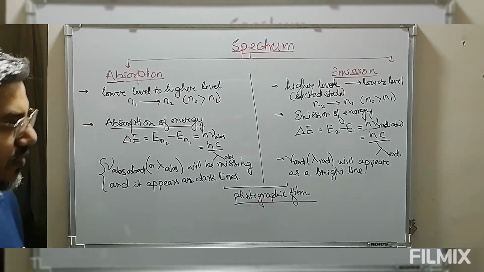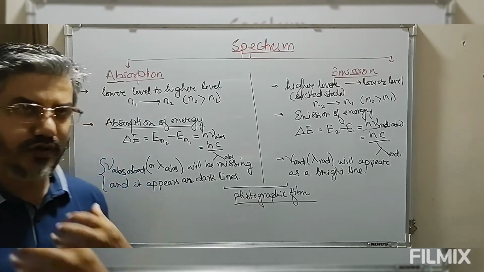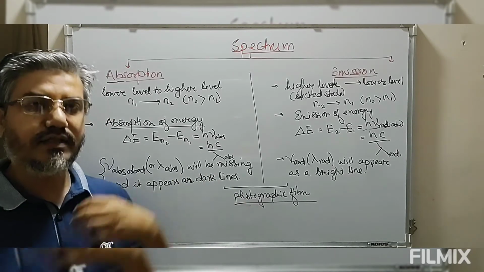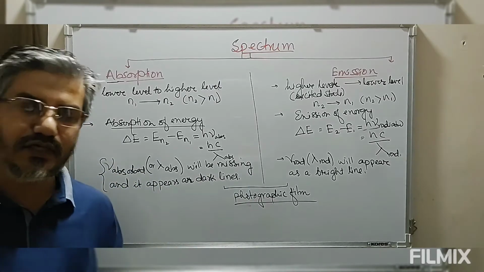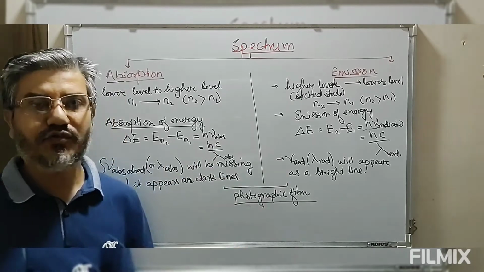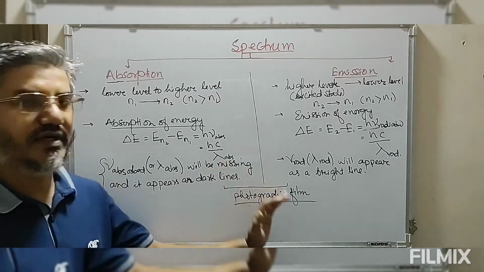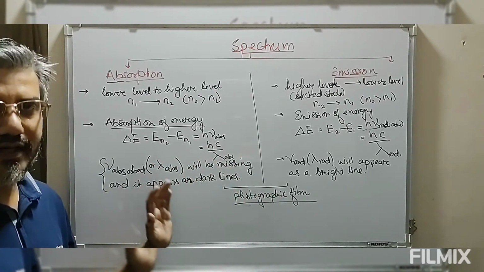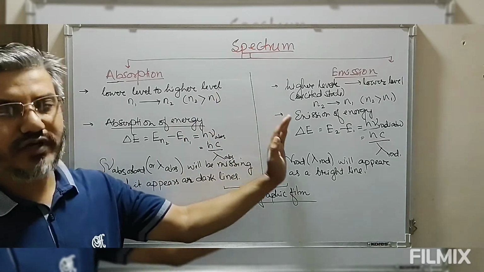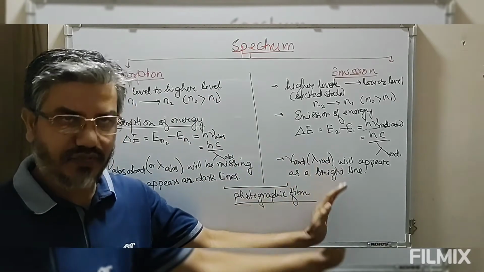Like, now look at it, in olden days we used to have negatives. So if you are wearing a white shirt, in the negative this will appear as black, or if you are wearing a black shirt, then in the photographic film it will appear as white. So this is something like photographic films. One is absorption, where dark lines appear or lines will be missing. On the other hand, we have emission, where lines will appear as bright lines.